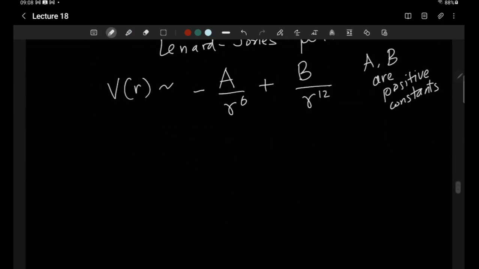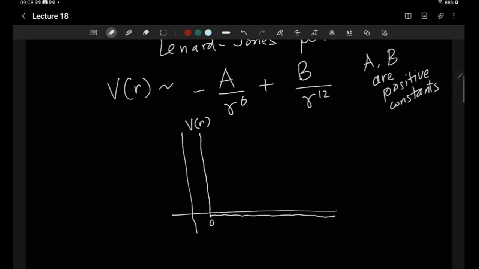I'll give another one. I'll draw a graph for it. This doesn't have a name or anything. Let's say there is some size a here, so it's infinity till here. And we want it to be weakly attractive, so some small attraction. Let's use a different color for the potential.